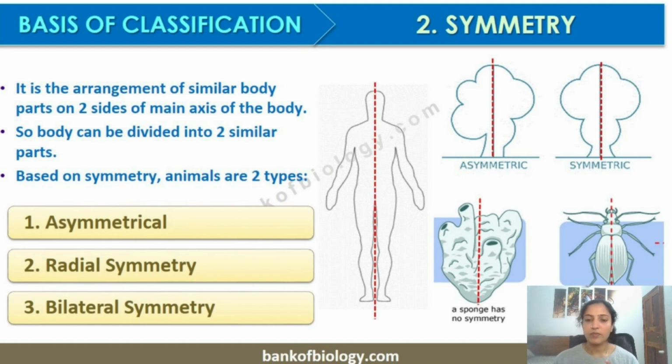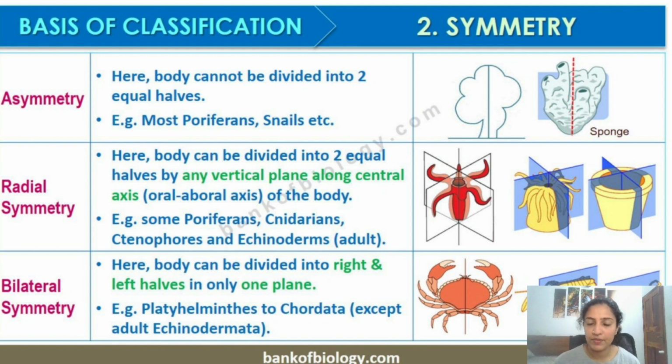Then, these are the three different types of symmetry. What I told now is bilateral symmetry. Before that, we'll just move up and see asymmetry. What do you mean by asymmetry? While considering the first phylum, that is Porifera, and you might be knowing snails, isn't it? The normal snails. Can you divide a snail into two equal halves?